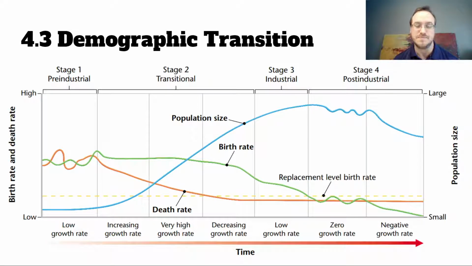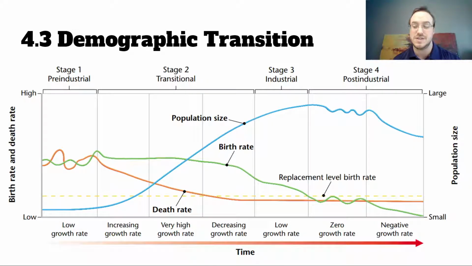As time progresses, this community moves towards a transitional stage where we're moving towards an industrial stage, but we're not there yet. Right? So population is continuing to increase while birth rate starts to remain constant, but death rate goes down.